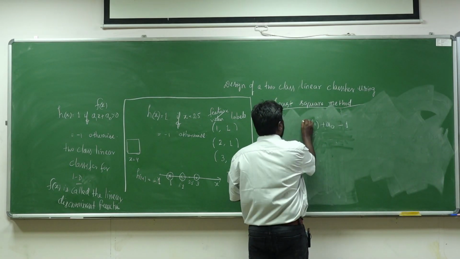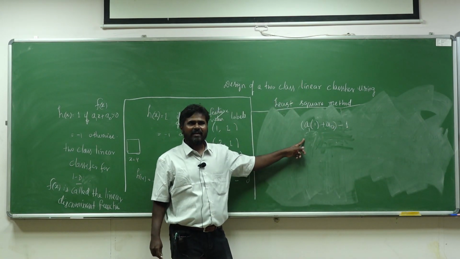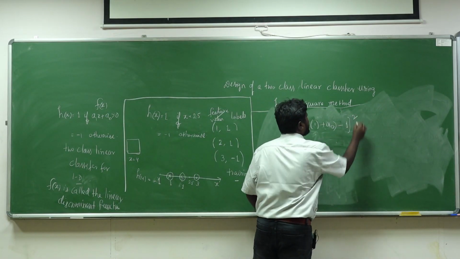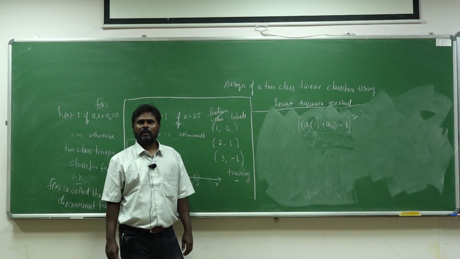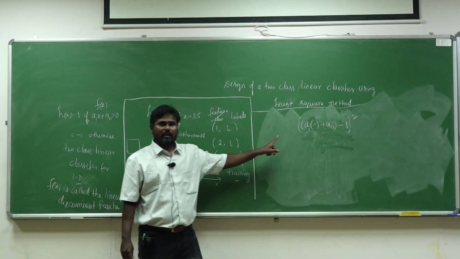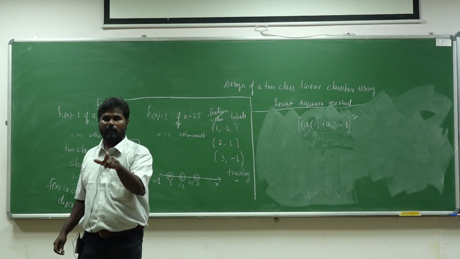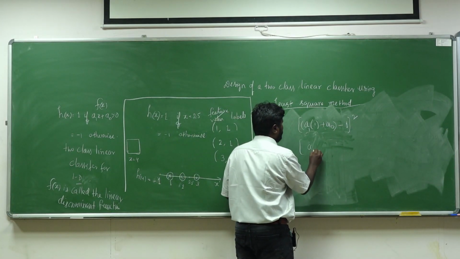Now generally what they do is take this error and square it. This is the error for x equal to 1. What if x equal to 2?